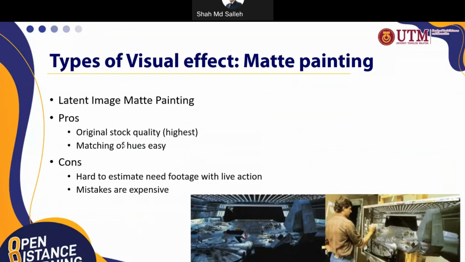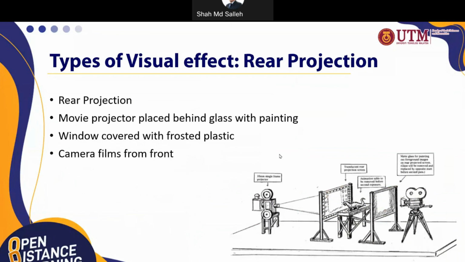The advantage: original stock quality is highest, and matching is easy. The disadvantage: it is hard to estimate the footage needed with the live action. Mistakes are expensive, so they practice before shooting to avoid mistakes during the shooting process.